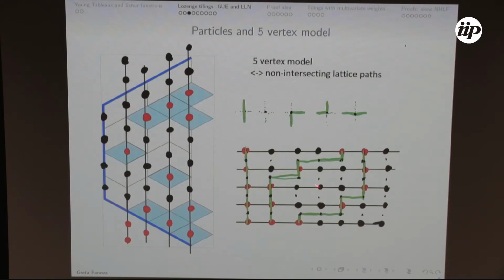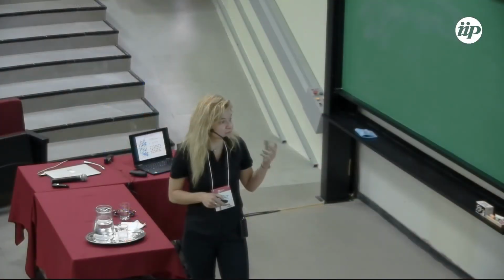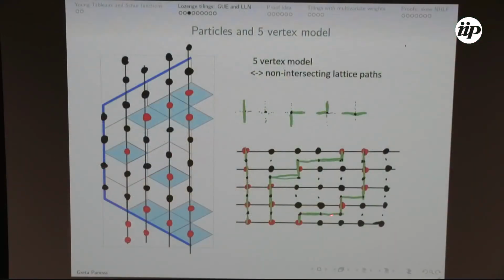In this case, one can draw the dual picture of what I just said, which is what is here, and then the lattice paths correspond to the movements of the red dots here.